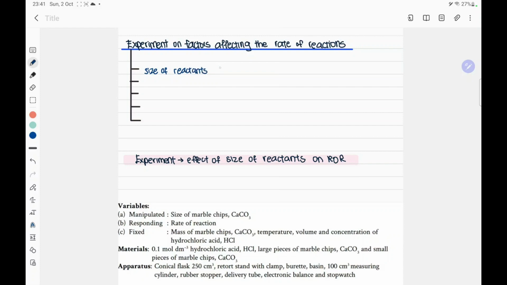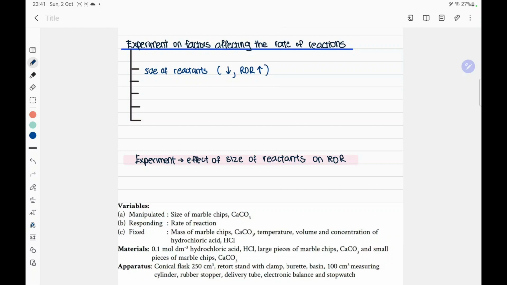We all know that when the size of reactants becomes smaller, the rate of reaction becomes faster. I have listed the detailed bullet points in the previous video, so if you have forgotten, please do a recap. To summarize, when the size of reactants decreases, the rate of reaction increases.